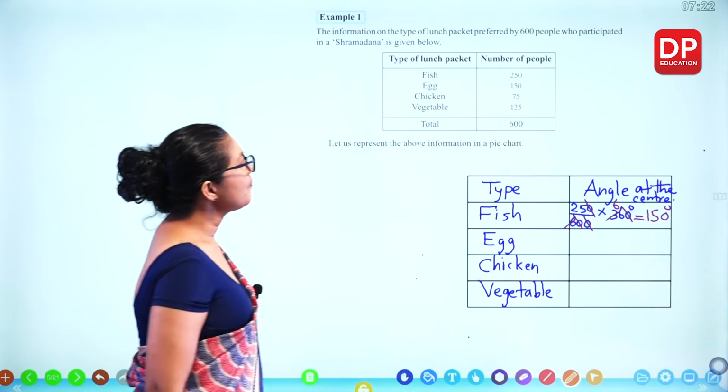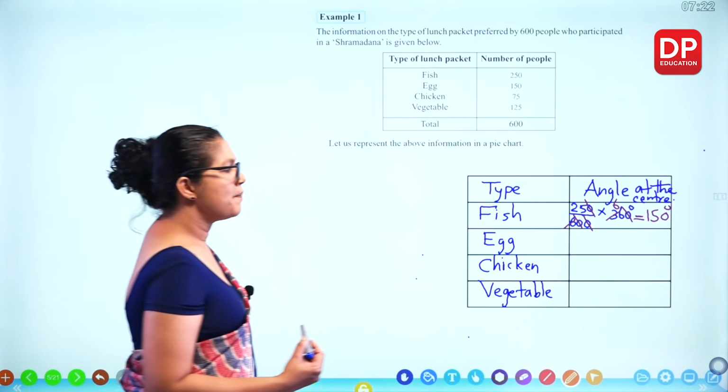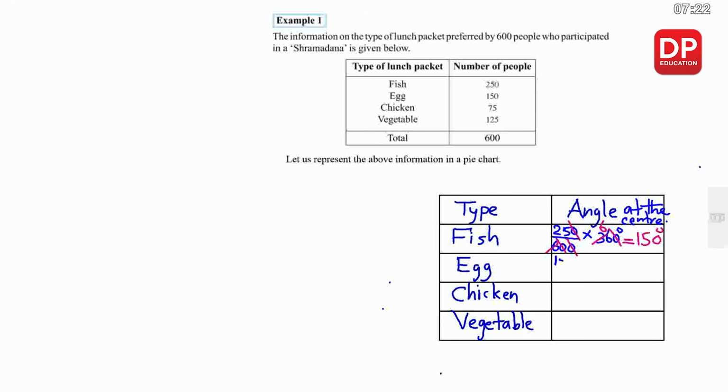What about the other one? Egg. 150 people out of 600 multiplied by 360 to get the angle at the center. So when you simplify this, you get 15 times 6. So that's 90 degrees.